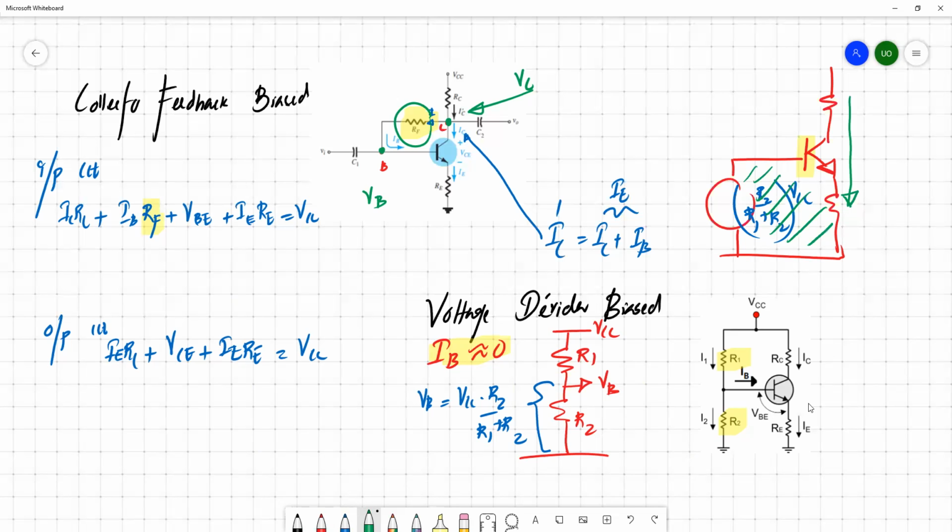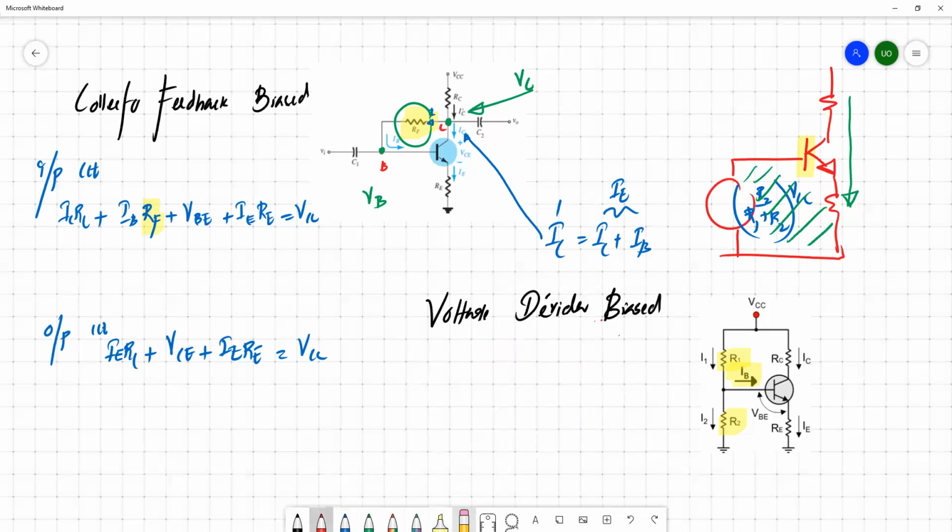If there's a base current flowing into the node, so if IB is not equal to 0, what we can simply do is remove the rest of the circuit from this divider and apply Thevenin's theorem.